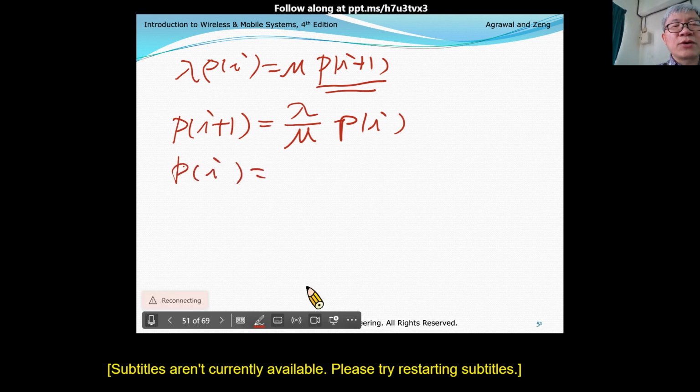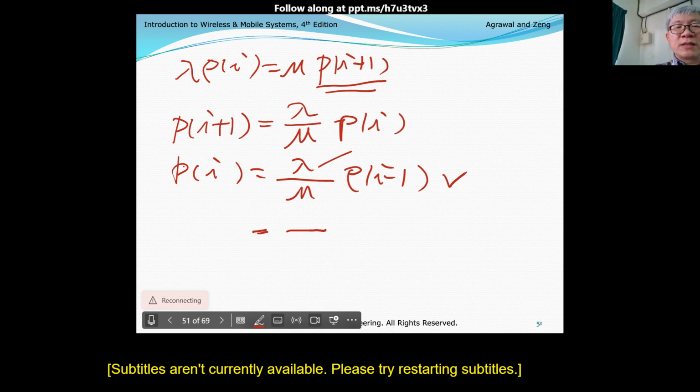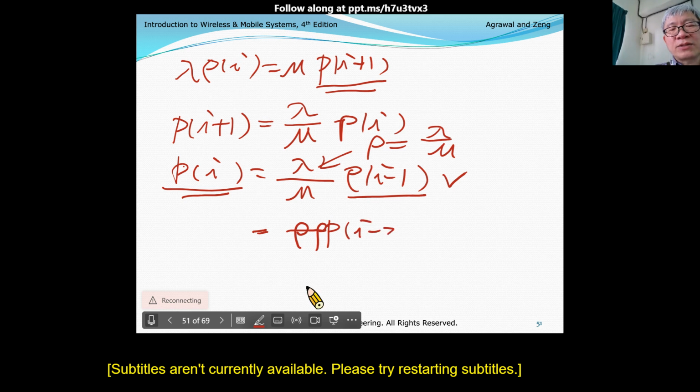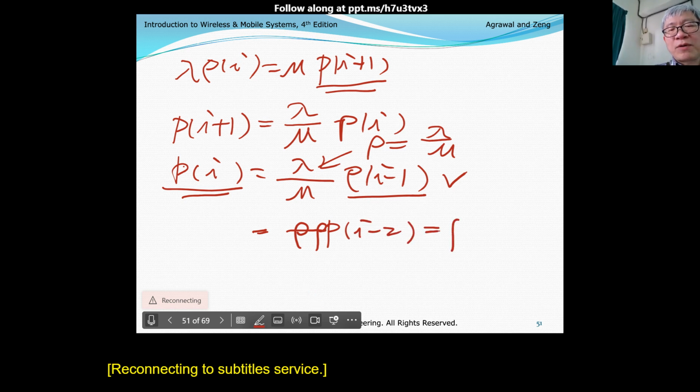All right. And in fact, we can have the others. P_i equal to this. Actually, we can start from this. If we start from this, let us use rho to denote lambda over mu. It's rho, but this one is equal to rho again, with i minus 2. So we have rho squared P_{i-2}. And you can continue.